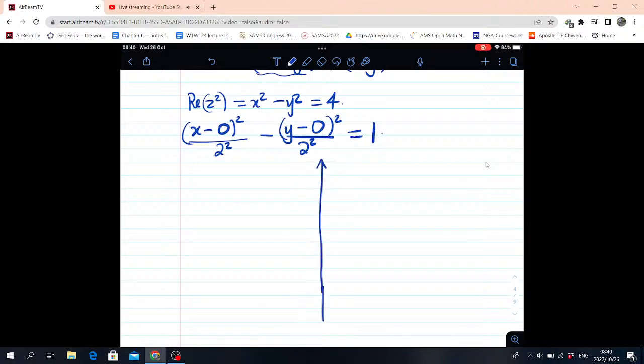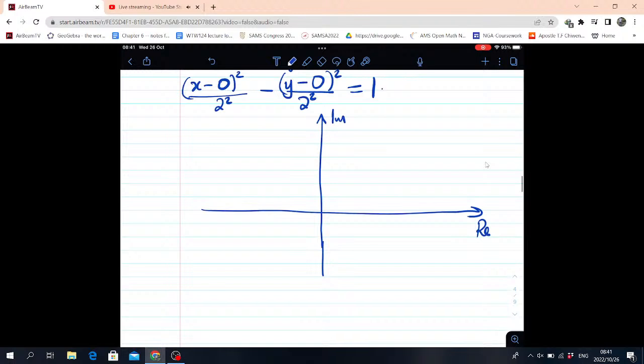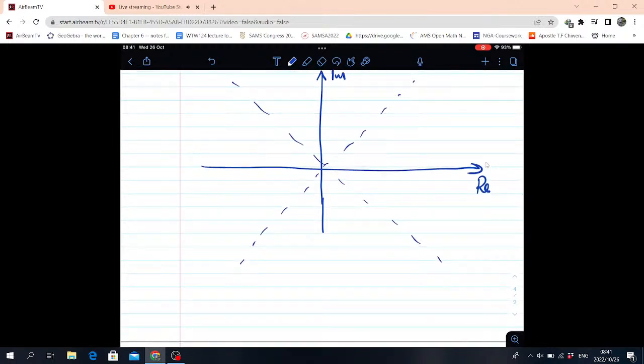So if we draw our Argand plane there, so we've got the imaginary axis, the real axis, and we can see that our asymptotes are x is equal to y and x is equal to minus y, right?